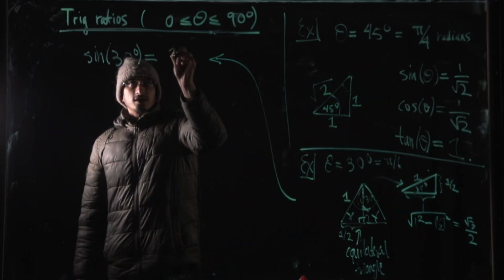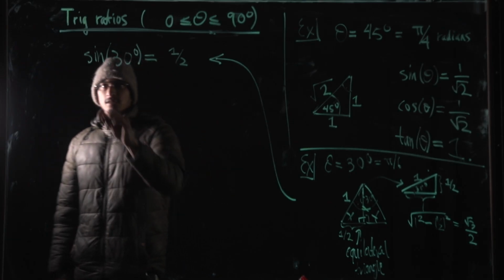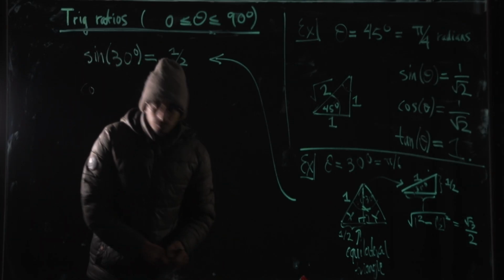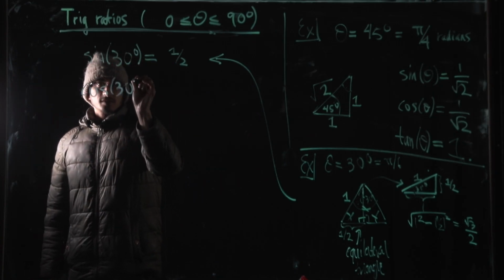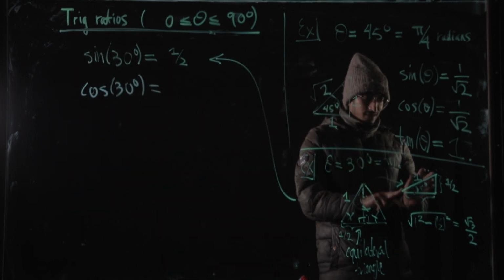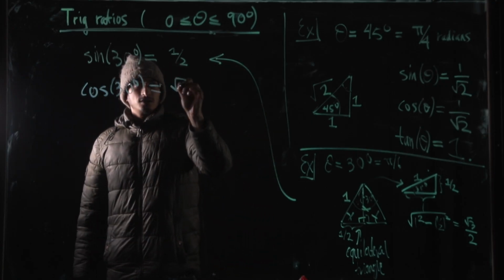So that's 1/2 divided by 1, which is 1/2. The cosine of 30 will be the adjacent side divided by the hypotenuse. So that's square root of 3 over 2 divided by 1.